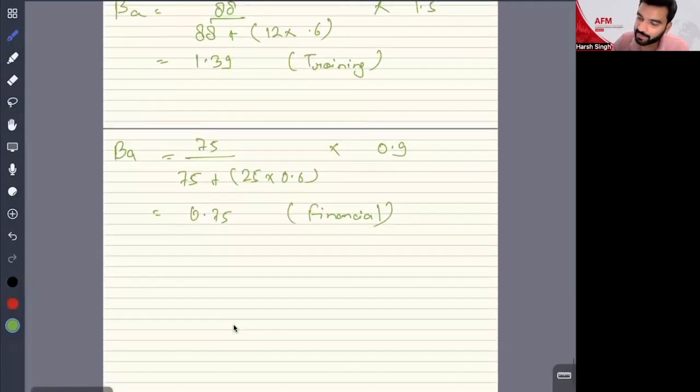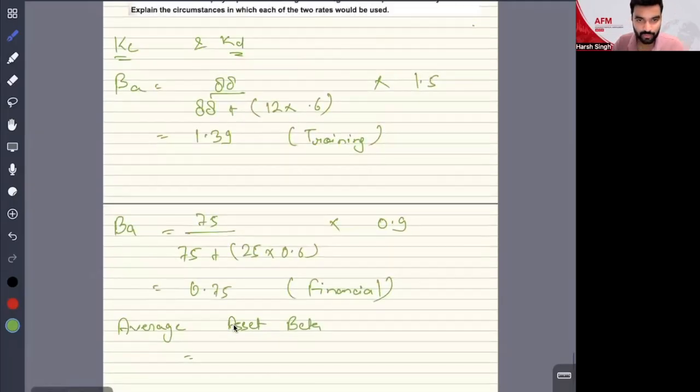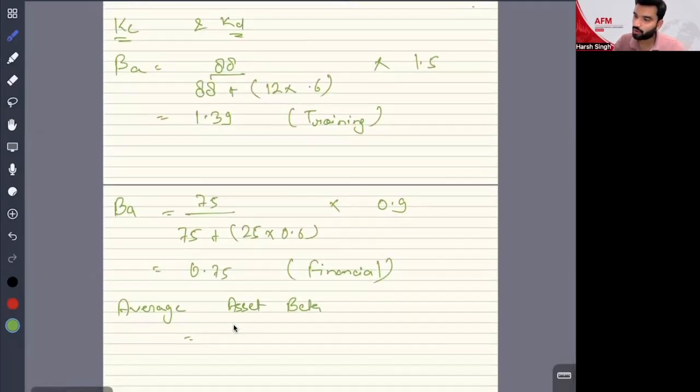Now average asset beta. We all talked about it, that this 1.39 is equal to 2/3 plus this 0.75 is equal to 1/3, everyone. It is given. I told you we cannot do this 1/3 and 2/3 with equity beta.